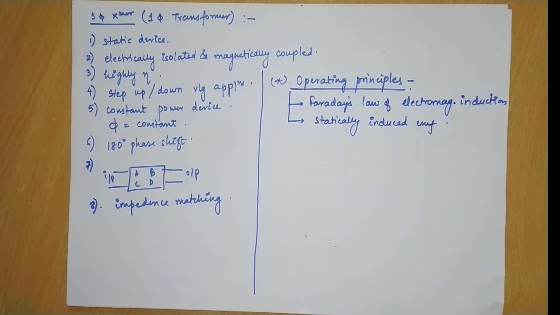Now, how do we produce a time-varying magnetic field? In order to produce a time-varying magnetic field, transformer windings will be excited using an alternating current source, an AC source. In order to minimize the harmonics in the induced voltage, always sinusoidal magnetic flux is recommended.